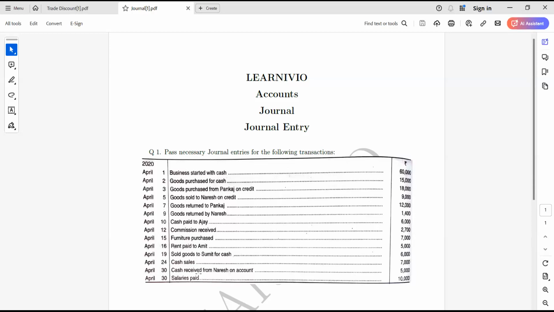Debit the receiver, credit the giver. So is Ajay receiver or giver? He is receiver, sir. So he should be debited. Yes, sir. So Ajay account debit to cash account. Very good. Thank God.